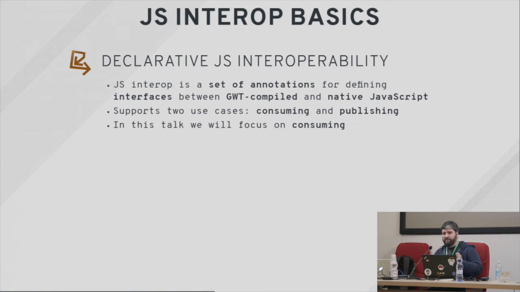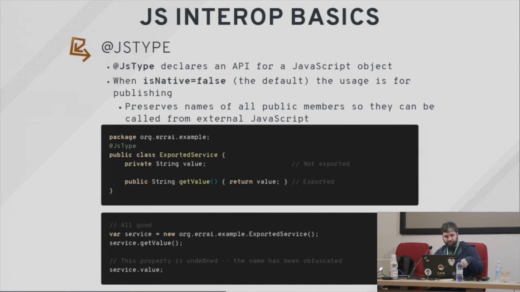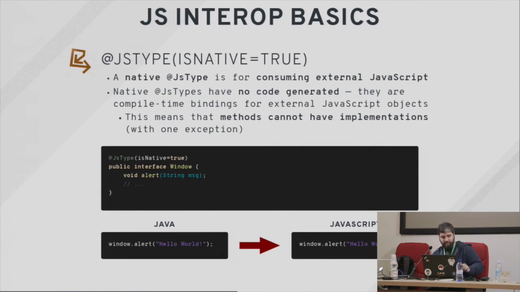In this talk, we're mostly concerned with the consuming use case. You'll recall that the JS type annotation is one of the core parts of that API. And by default, if you just add JS type with no other configurations, that is exporting an API.